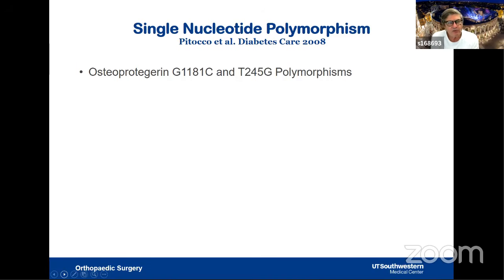As I talked to you before, osteoclastogenesis is really based on a balance between RANKL and OPG. OPG is a decoy receptor for RANKL. So if RANKL is blocked by OPG, you're not going to resorb as much bone because the osteoclast won't be activated to the same degree.